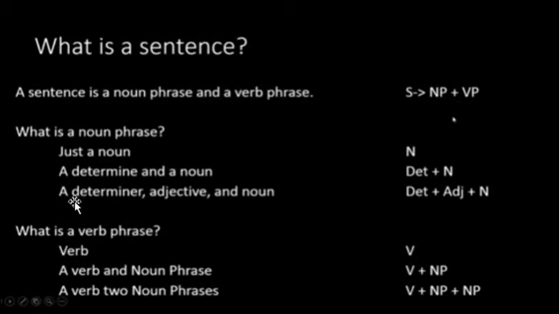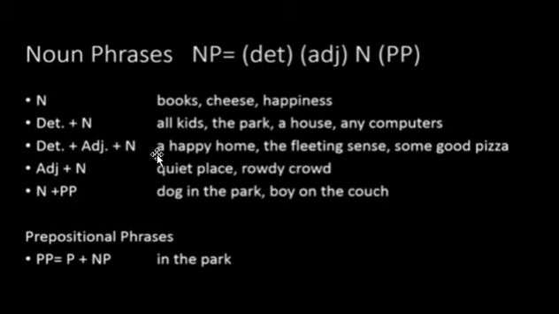Okay. Here, you have a determiner, an adjective, and a noun. You can see, for example, in a sentence, determiner, adjective, and noun. This is a noun phrase like this. I'm going to give you some examples here.